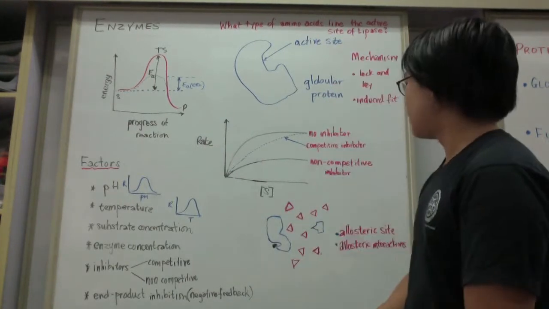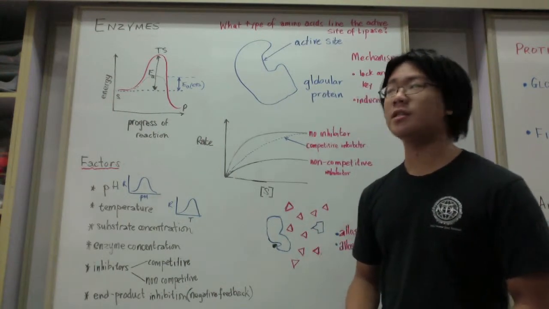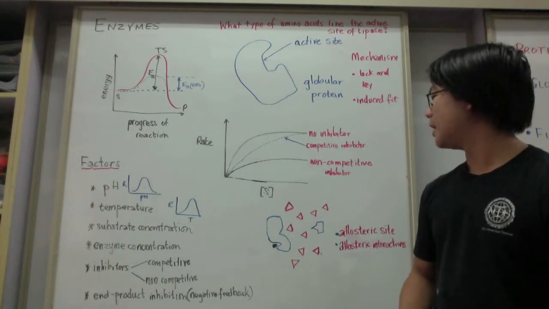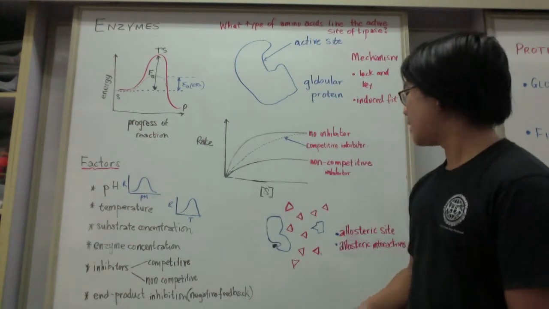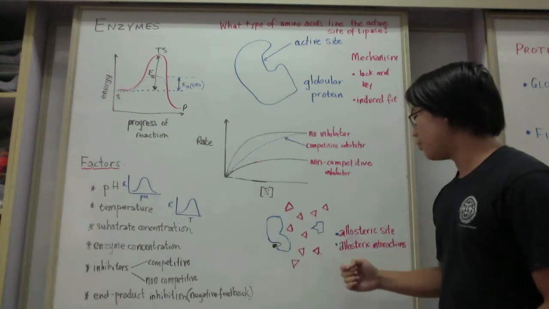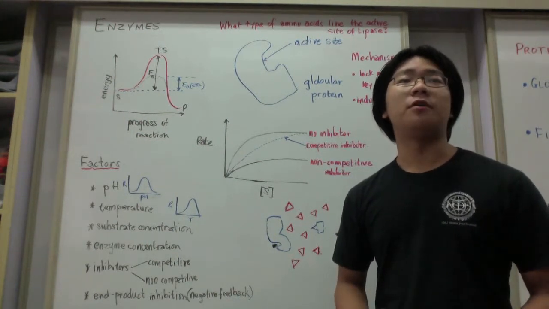There are two ways that an enzyme can be inhibited: competitive inhibition and non-competitive inhibition, and they operate under different methods. With competitive inhibition, the competitive inhibitor will actually bond to the active site, but won't react to form any products.